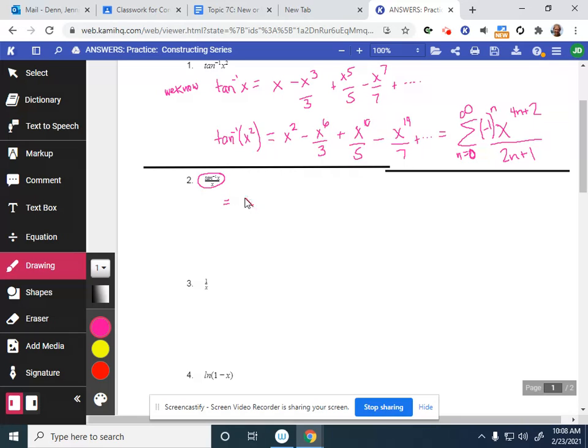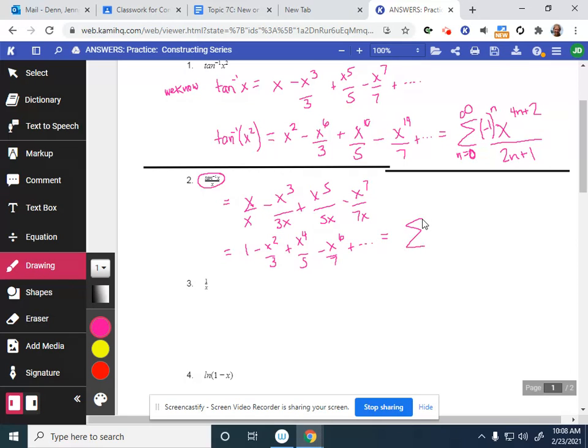So this is going to become x over x minus x to the third over 3x plus x to the fifth over 5x minus x to the seventh over 7x, and so on. So let's reduce this. We're going to have 1 minus x squared over 3 plus x to the fourth over 5 minus x to the sixth over 7, and so on.